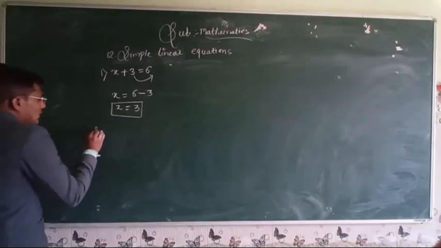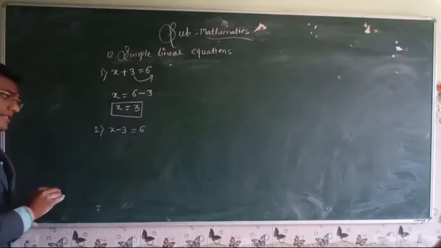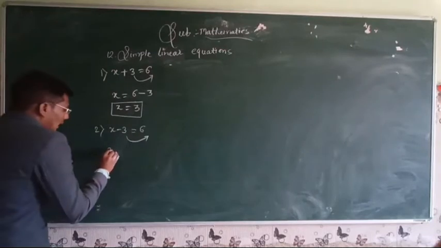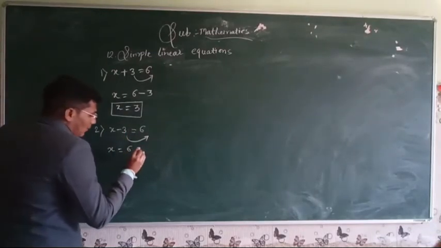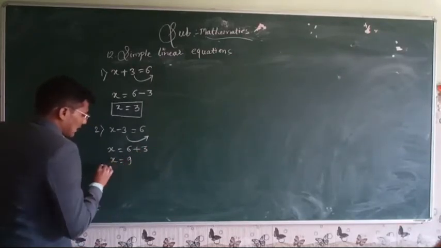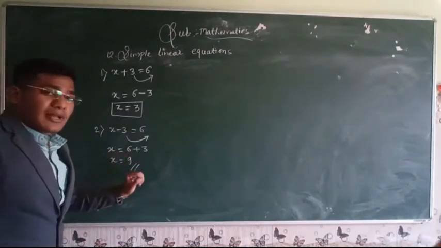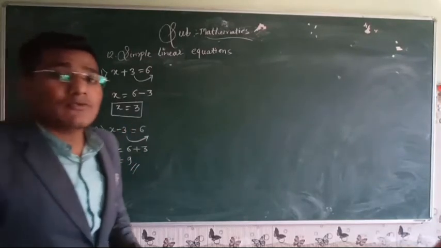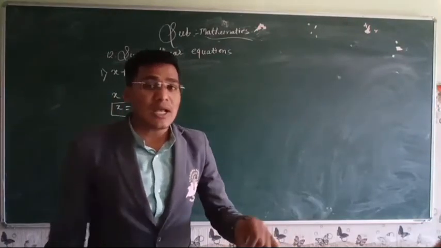Again, take the example x minus 3 is equal to 6. This 3 will go to the other side, but it is negative, so it changes into positive. So x is 6 plus 3, which is 9, and we get x equals 9. So the minus sign turns into plus when it moves from one side to the other.